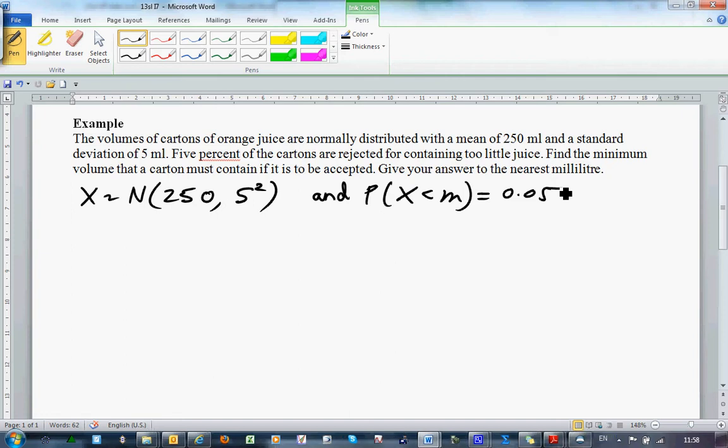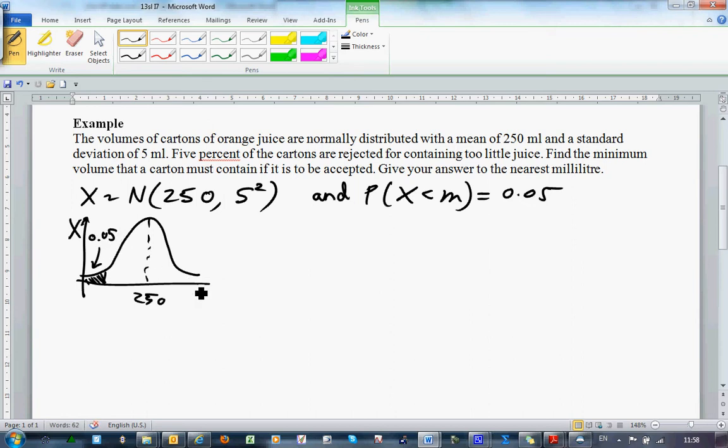And as I asked you to draw a picture of that, maybe a better picture than that, of course, but make it some sort of normal shape. This is the x distribution, and we know the mean is 250. And somewhere down in this left corner we have an area of 0.05.